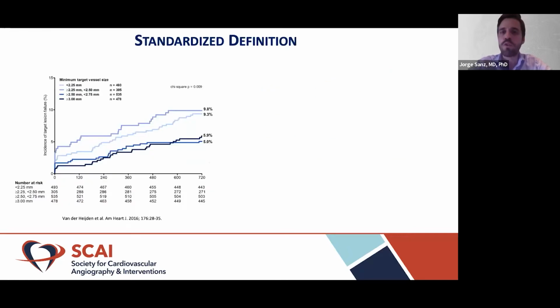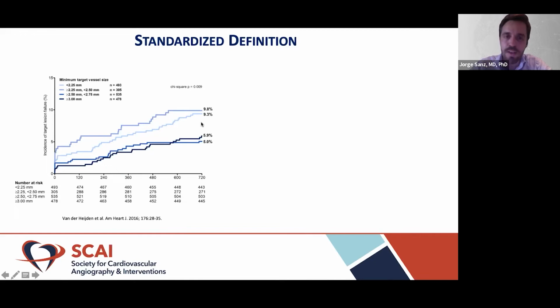In order to propose a definition of a small vessel, these are the results of a subgroup analysis of the DUTCH PEERS trial. This is an all-comer randomized clinical trial that included patients undergoing PCI with the Resolute or the Promus stent.